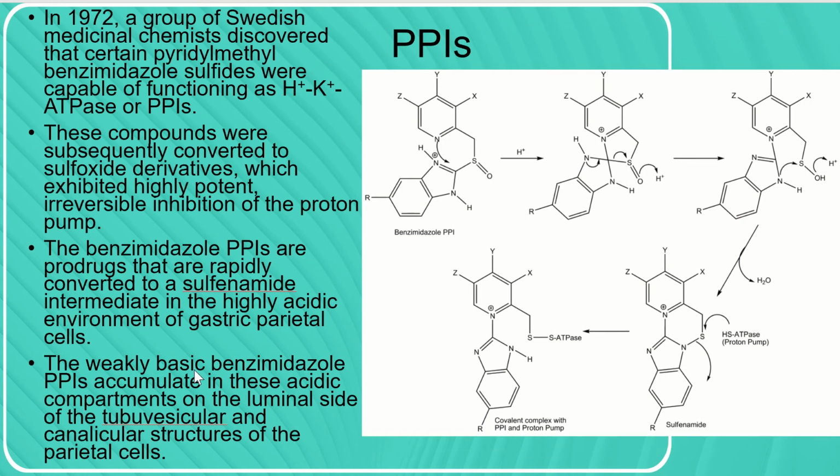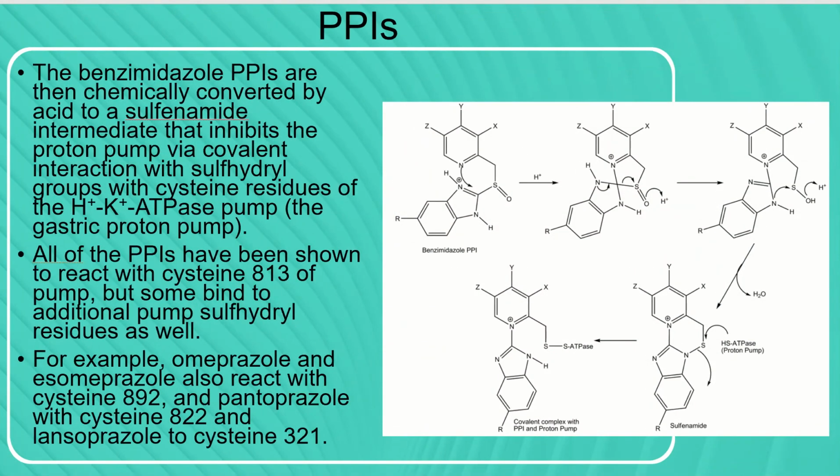So the weakly basic benzimidazole PPIs accumulate in these acidic compartments on the luminal side of the tubovesicular and canalicular structures of the parietal cells. So the benzimidazole PPIs are then chemically converted by acid to the sulfenamide.